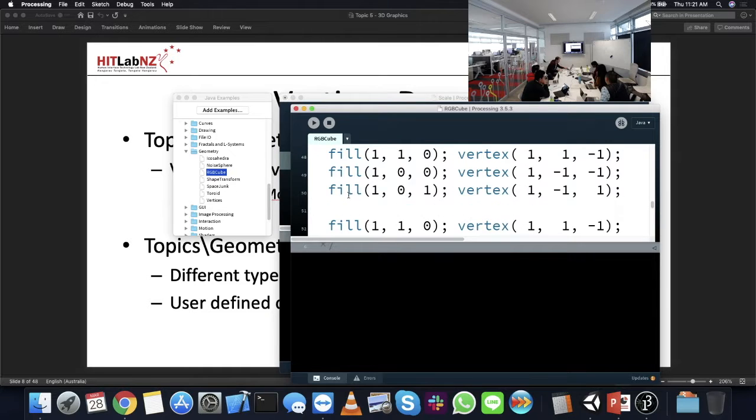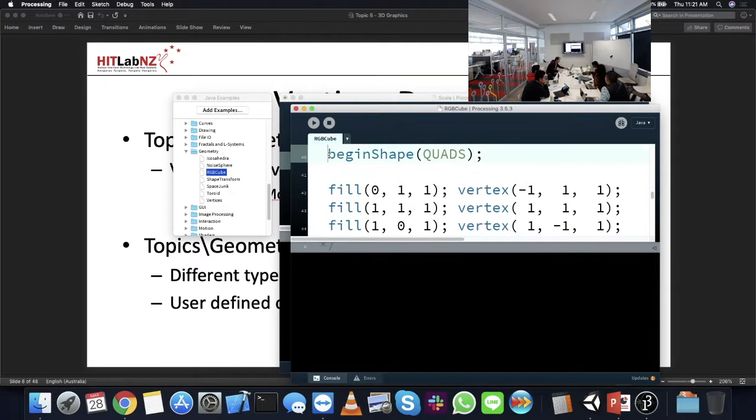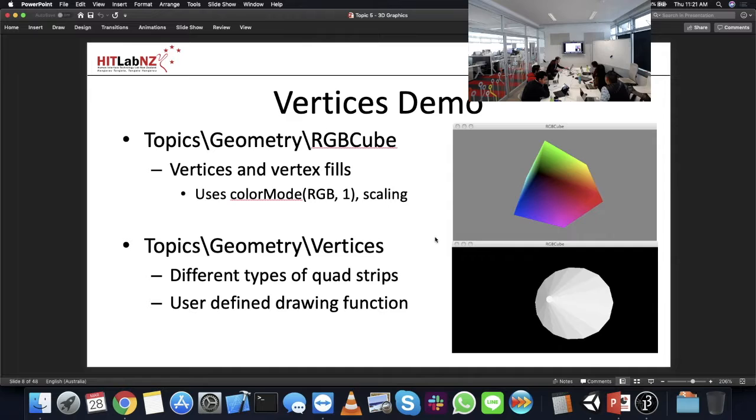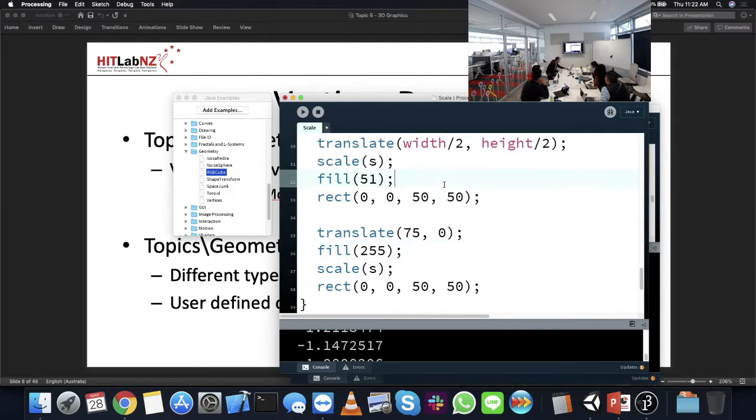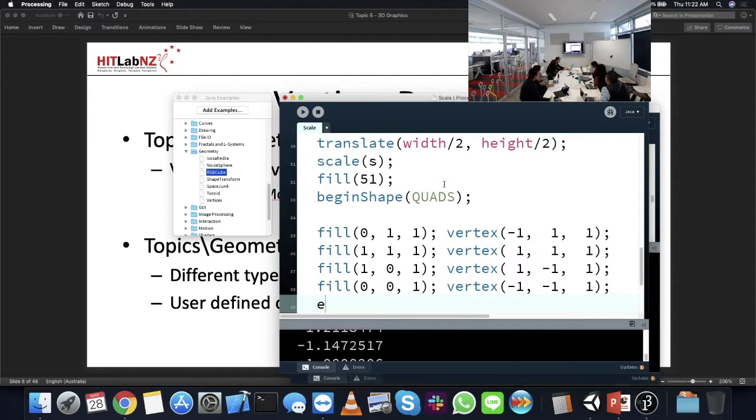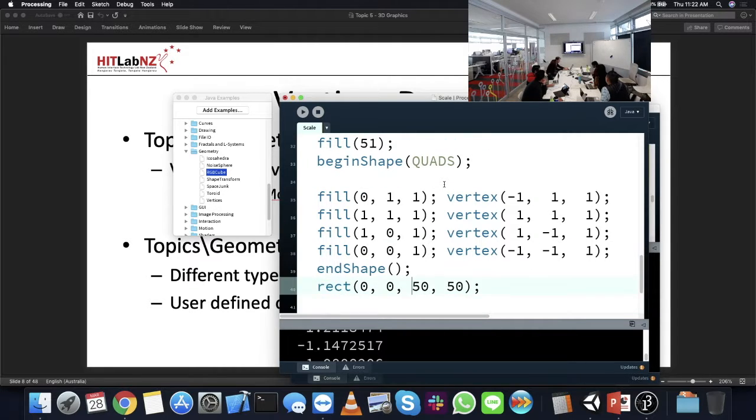So if we take one of these quads and replace our rect by it, so we want that to be 0, 0, 50, 50. Oops.